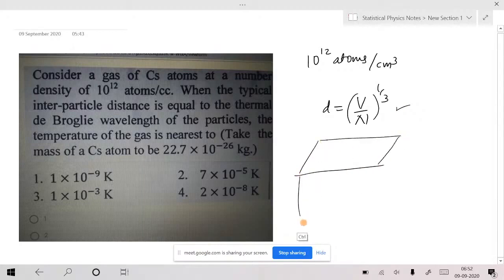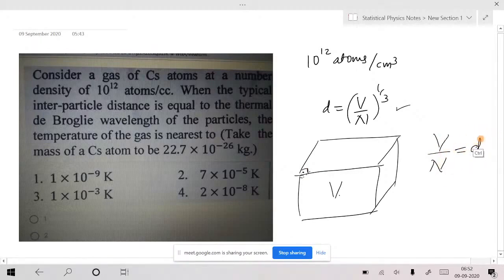I have taken a volume and divided it into small cubes, as many cubes as the total number n, so that this volume is divided into n cubes. Each cube has volume d cubed, so that you can put one particle in it, so that d is equal to V by n whole raised to 1 by 3. That's how we have written.